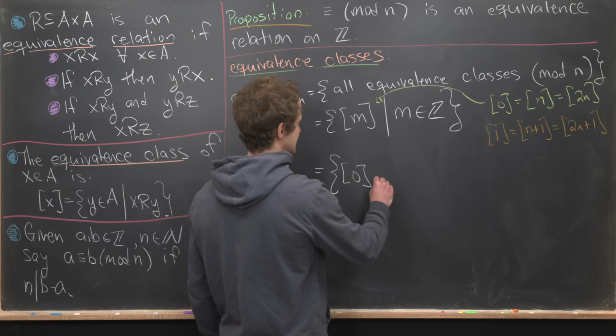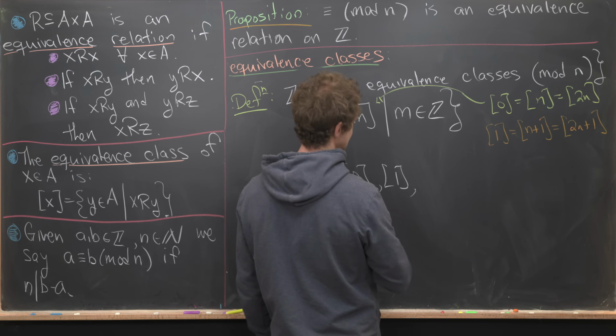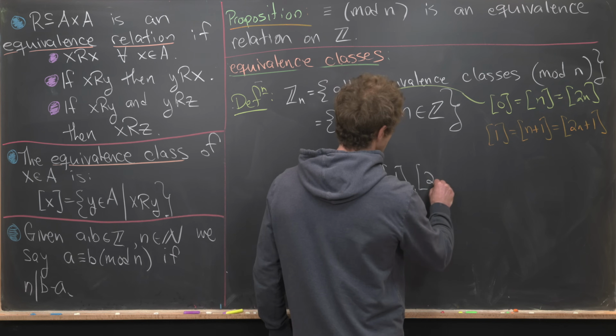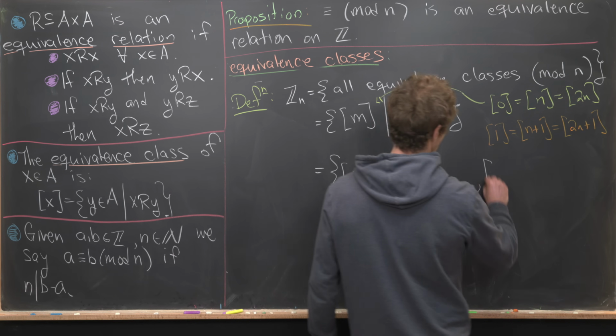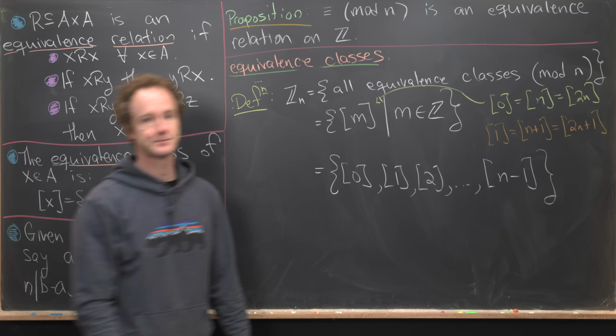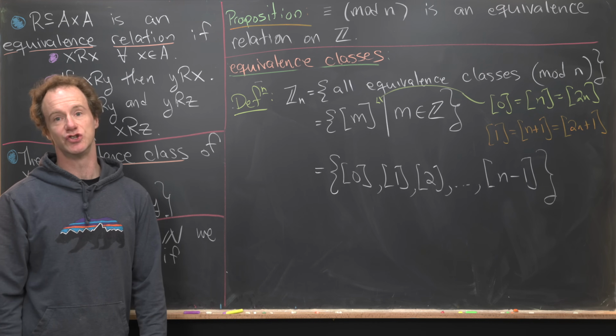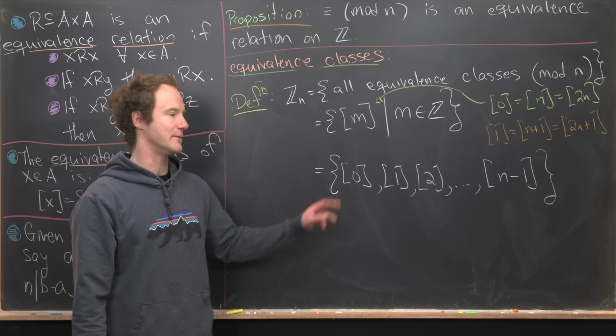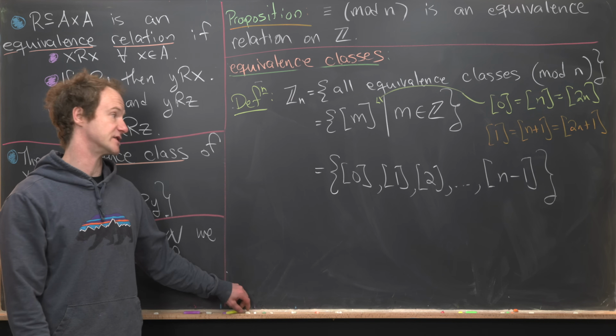And we could do that as the equivalence class of 0, the equivalence class of 1, the equivalence class of 2, all the way up to the equivalence class of n minus 1. And all of those are disjoint. So in other words, this is a partition of all of the integers.